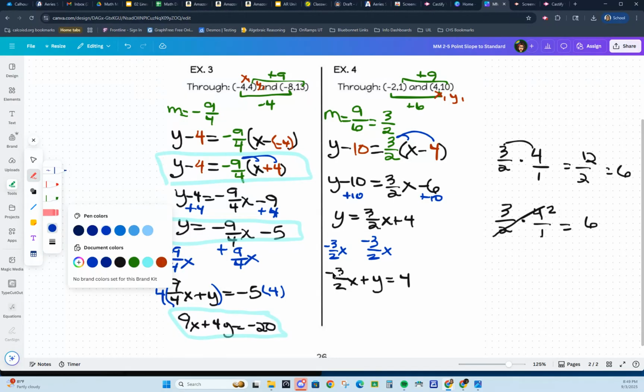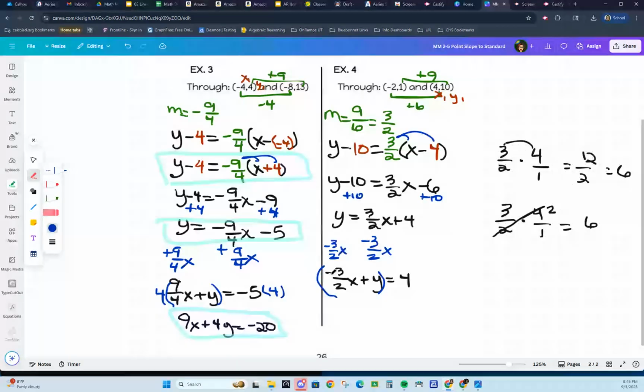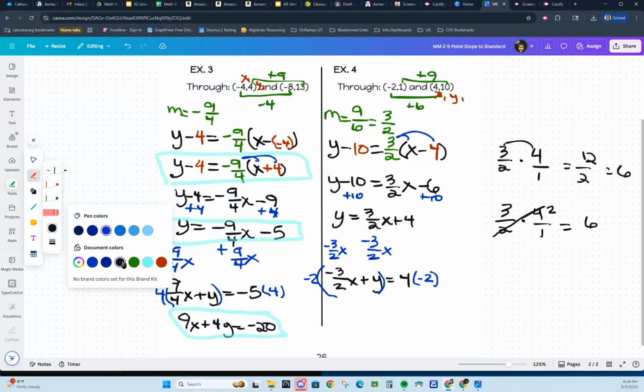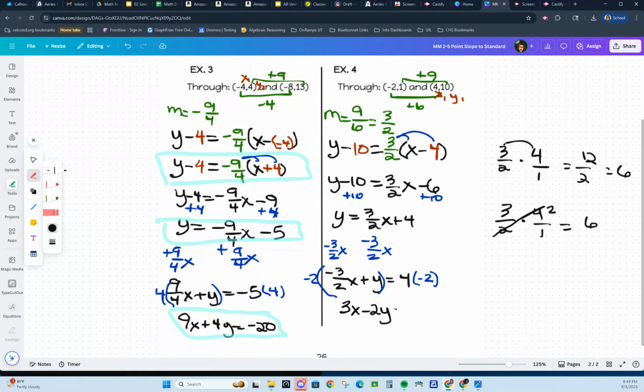And then we're going to multiply everything by a -2. We want to get rid of this negative. We want to get rid of this fraction. So we're going to multiply by a -2. And that is going to take us to our final equation, which is 3x minus 2y equals -8.